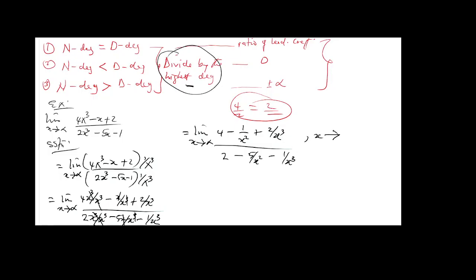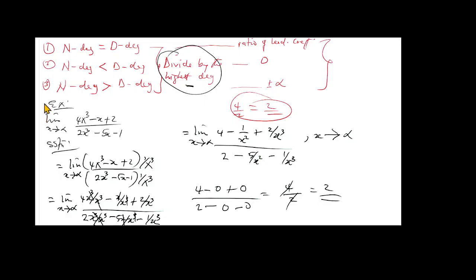As x approaches infinity, we do a direct substitution. We are going to have 4 minus 1 all over infinity squared, which gives you 0, plus 2 all over infinity cubed, which gives you 0, all over 2 minus 0 minus 0, so that we still have the ratio of the leading coefficients, which is equal to 2. So you see the shortcut works anytime, any day.